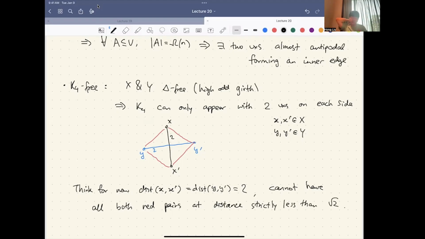This is the geometric intuition. So that means you cannot form a K4.